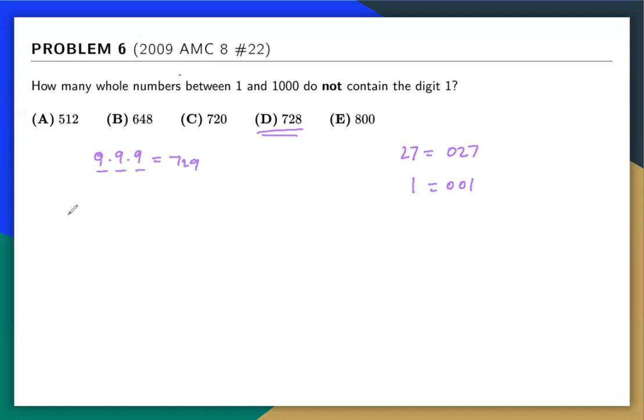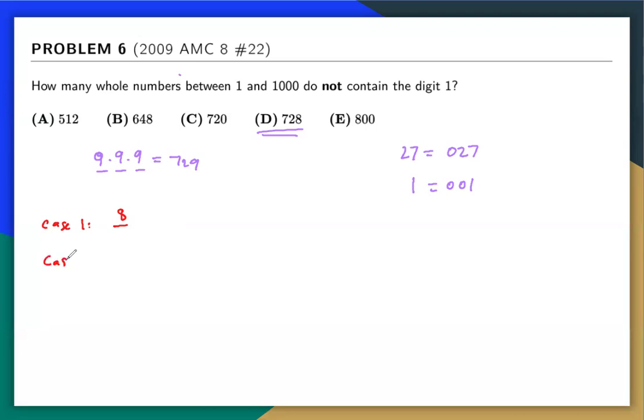Case 1 is one-digit numbers. You are not allowed to use 1. From 1 through 9 there are 9 digits, but except 1, so there are 8 available.